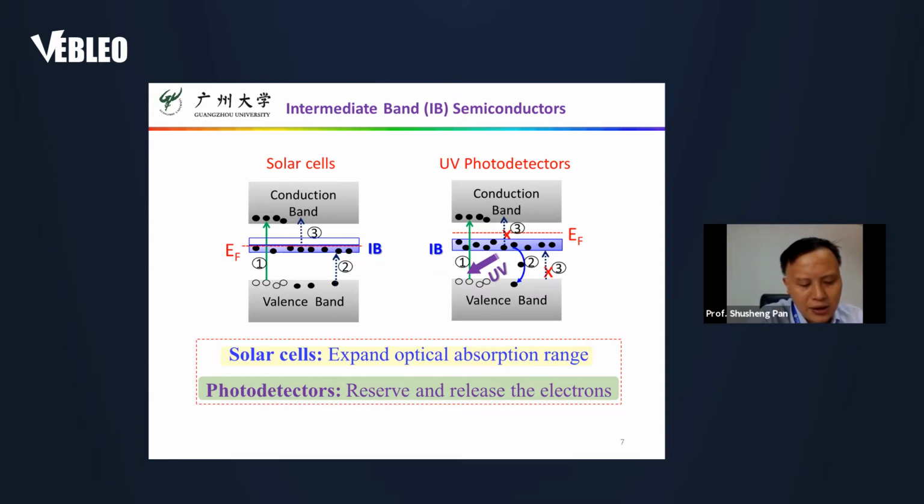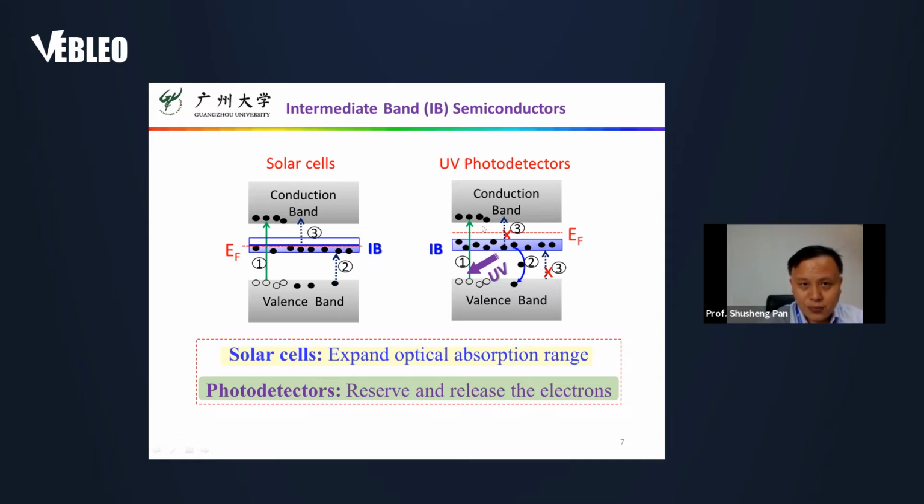Under UV light illumination, electrons can be excited from the valence band to the conduction band, leaving holes behind, and electrons jump from the intermediate band to the valence band, and then those new electrons are excited to the conduction band to supply photocurrent.